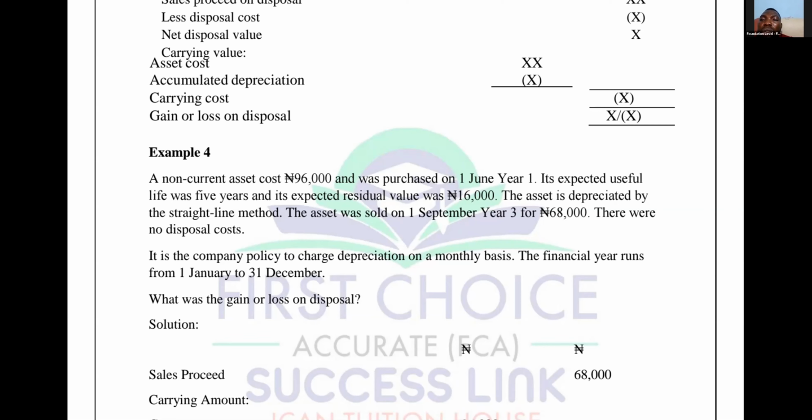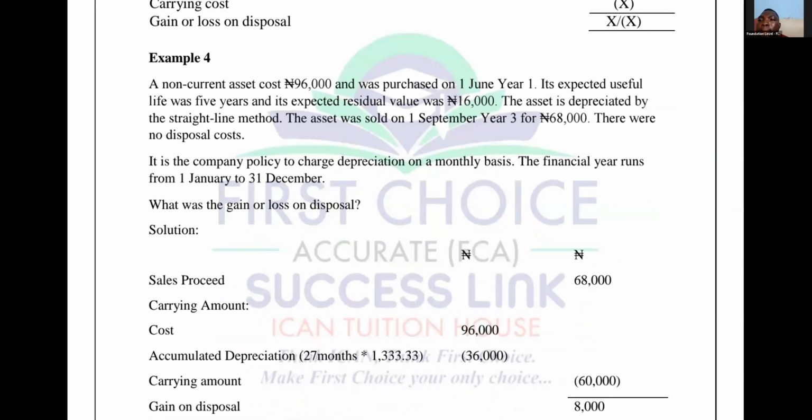The asset was sold on 1st September year 3 for 68,000. There were no disposal costs. It is the company policy to charge depreciation on a monthly basis. The financial year runs from 1st January to 31st December. What was the gain or loss on disposal?